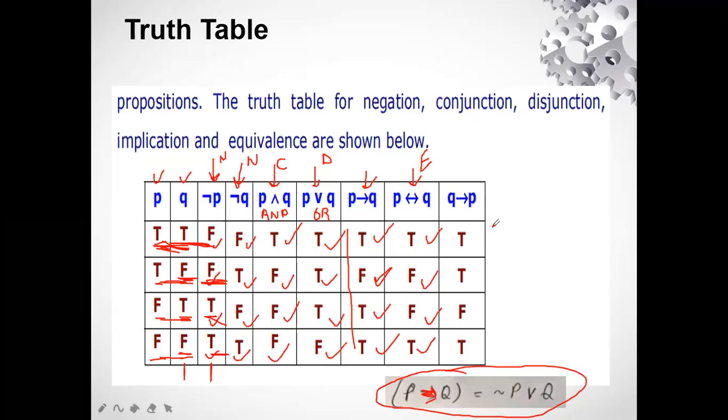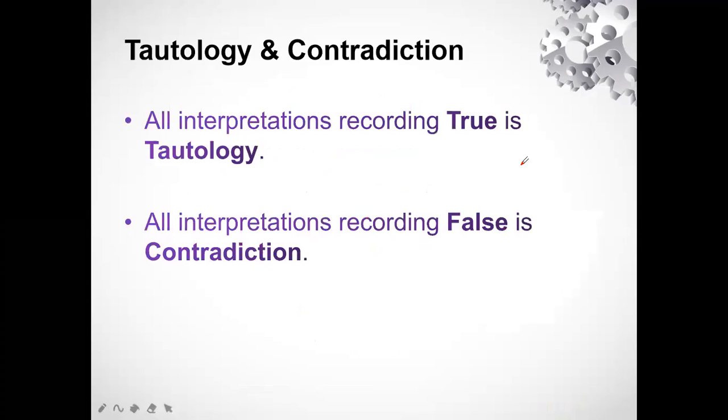In a similar way, we can find Q implies P, and that is how we find the truth table. Now see, we have two things. Whenever all the interpretations are true, it is called a tautology.